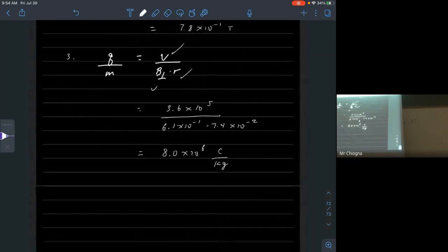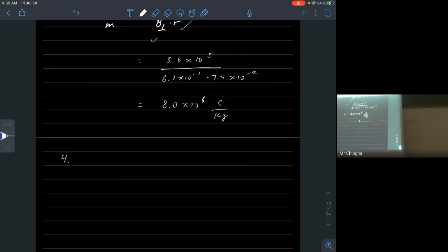Last one. Read that through. Okay, so in this, what they've done is they've set up the magnetic field so one cancels out the other. What they're saying is the magnetic field creates a force that's equal to the electric force.